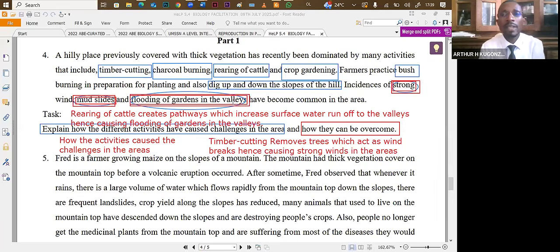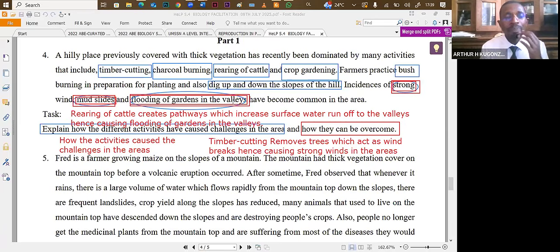For instance, I can say how they can be overcome. Point number 1. I can say by planting trees or by carrying out reforestation to restore the trees that act as windbreaks to solve the problem of strong winds. That point is done.